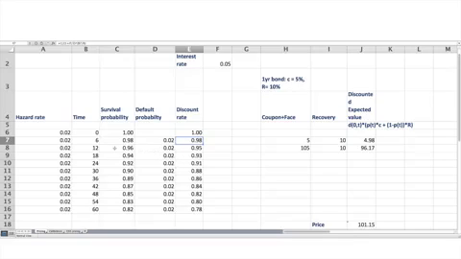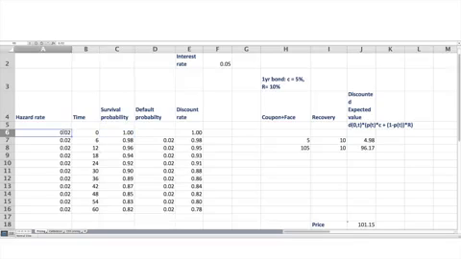Now, in this particular worksheet, I'm going to assume that the hazard rate, which is going to be the 6-month hazard rate, is fixed at 0.02. What does that mean? So right now it's time 0. The survival probability is 1 because the bond exists. Now from this survival probability, I want to compute the survival probability and the default probability 6 months from now.